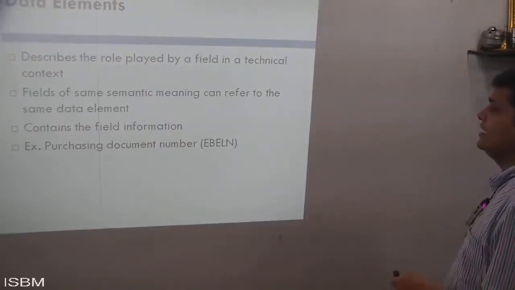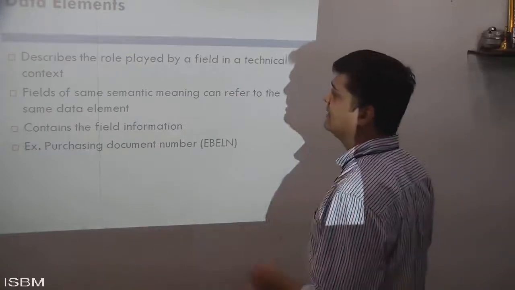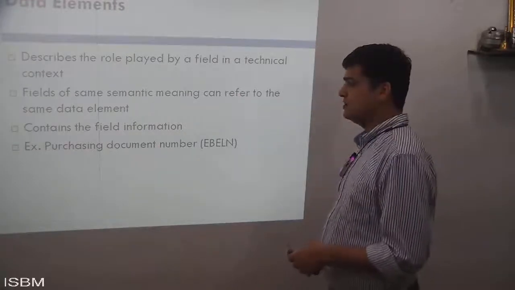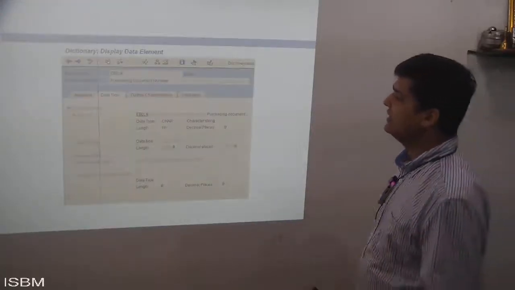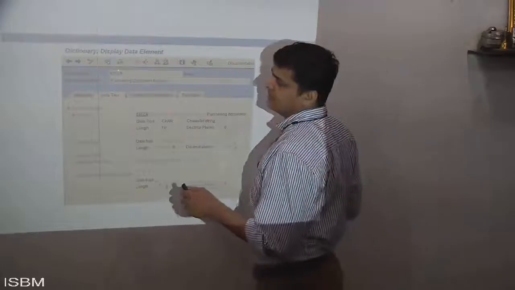Fields of some semantic meaning can refer to the same data element. Basically it contains the field information. Just like EBELN, which is nothing but a data element. What does the data element do? It contains the field information, which here is the purchase document number. You can see the data element over here. This is the data element.